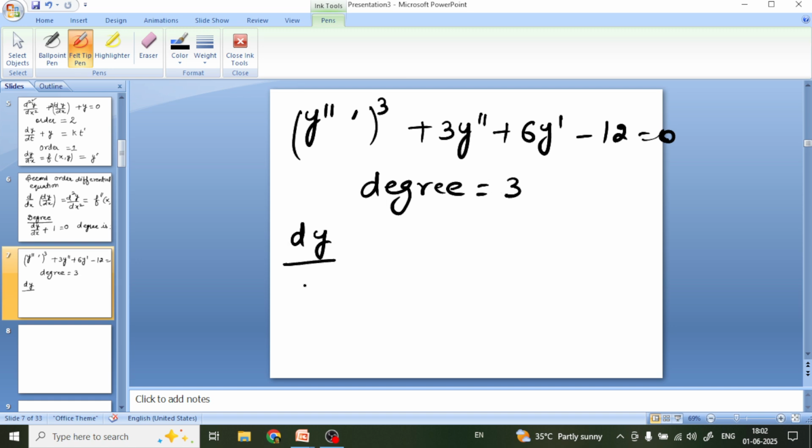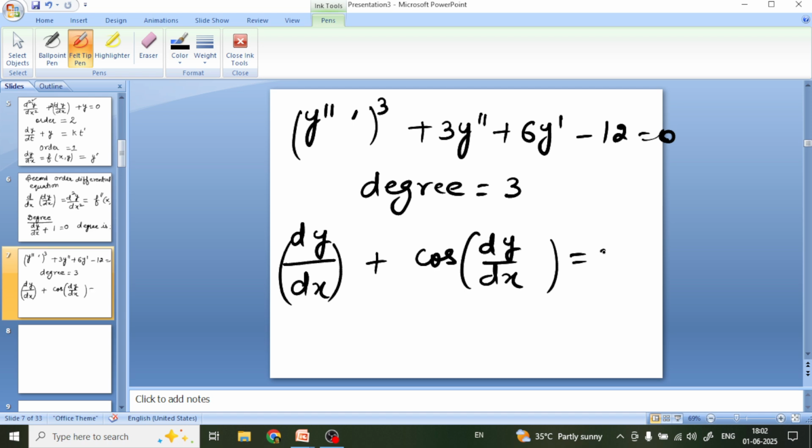If you are given dy over dx plus cos dy over dx equal to 0, it's not a polynomial equation in y dash, and the degree of such a differential equation can't be defined, because it is not given in polynomial equation form.